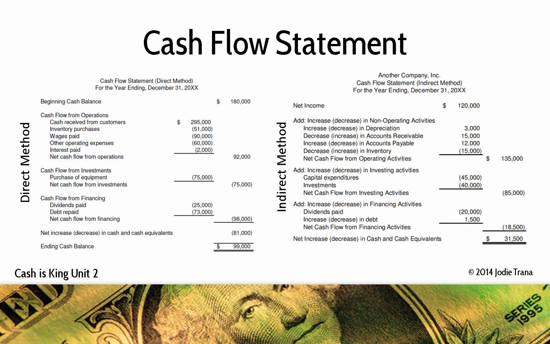You can see that there's cash received from customers, that's your sales, and then the expenses of business: inventory, wages, and other operating expenses. To the operating cash flow, then there's cash flow from investments and cash flow from financing. So this cash flow statement is pretty easy to understand, and once you get the experience of reading it, you can see how cash flows in and out of the business in a year.